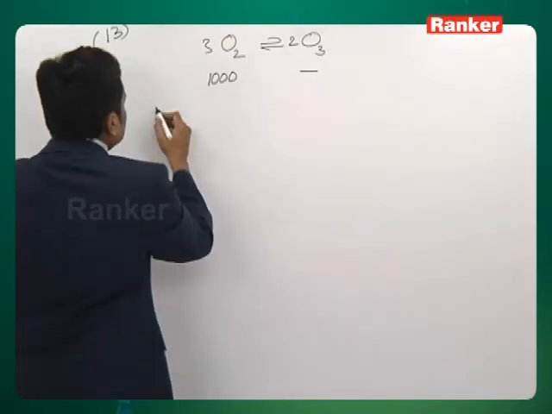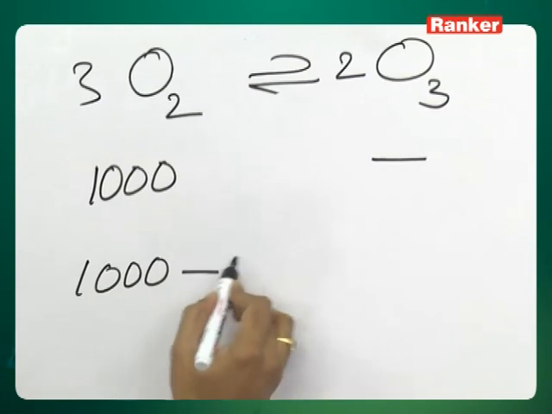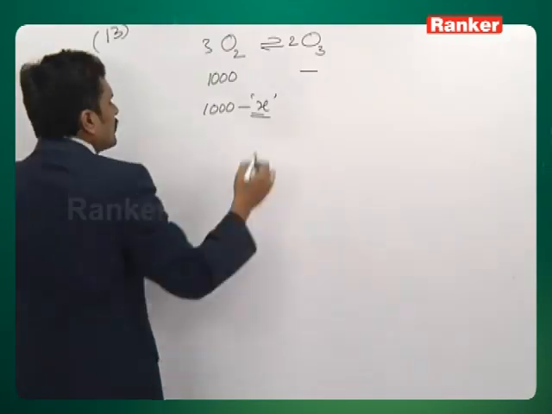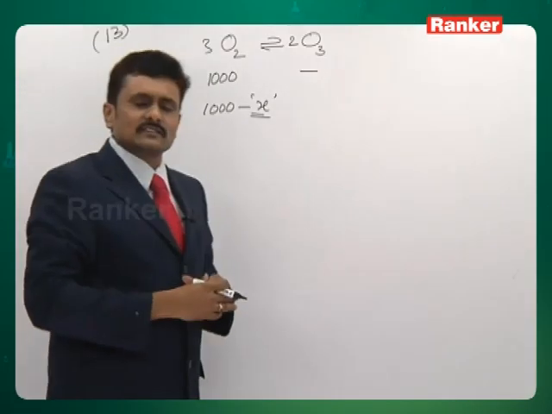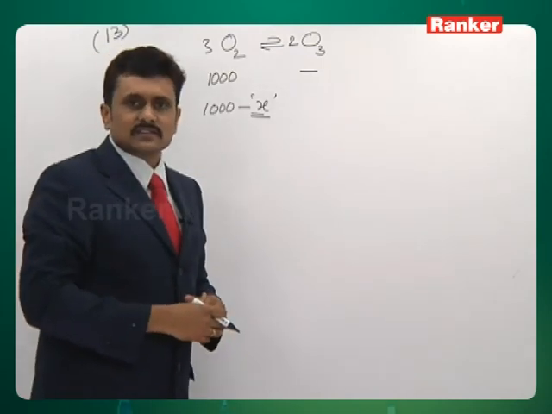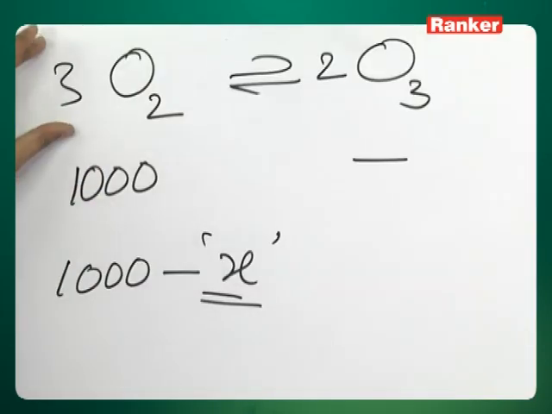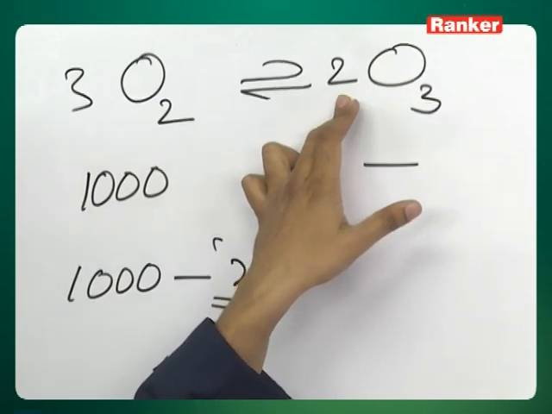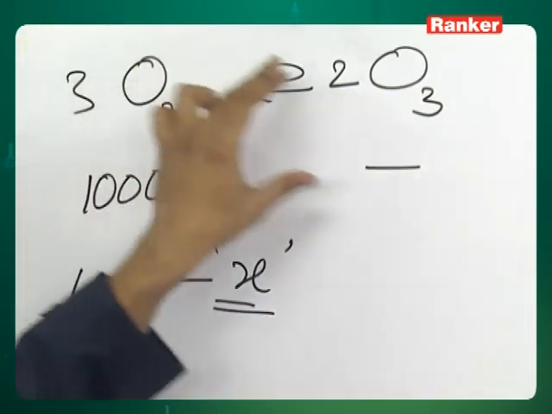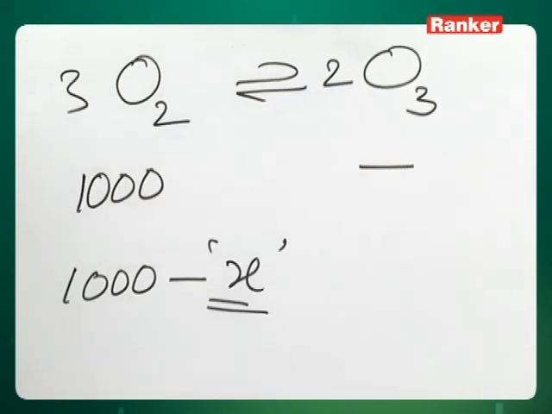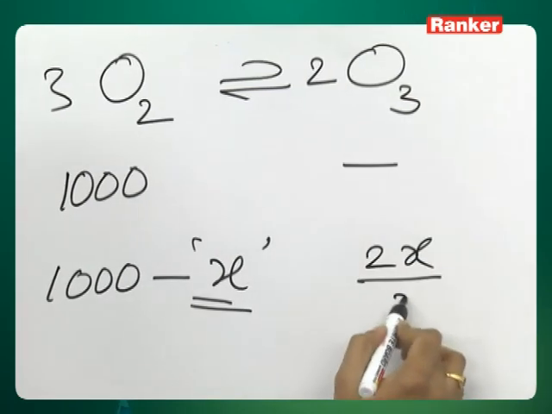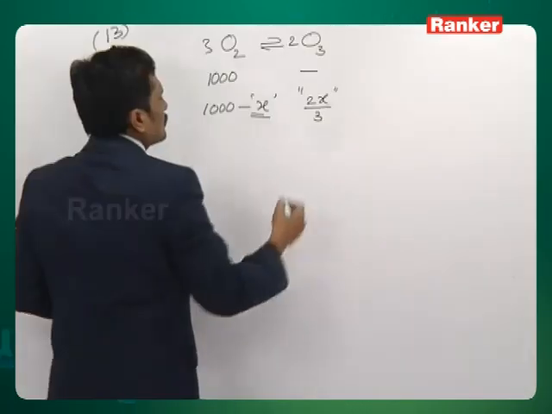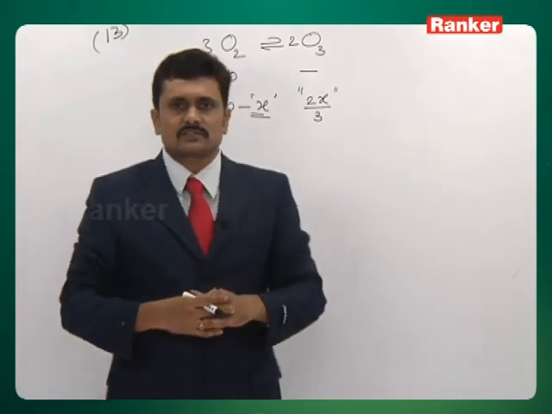When this is sent through the ozonizer, I will assume some X moles of oxygen has reacted, or X milliliter of oxygen has reacted in this reaction at STP, and you can see here for every 3 moles there are 2 moles of ozone that are produced. For every 1 mole there are 2/3 moles. For every X it will be 2x/3 ml of ozone formed in this reaction.